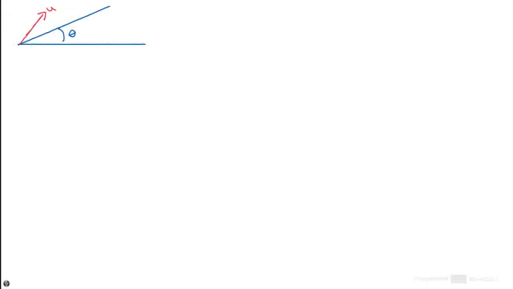So here we have a range and maximum height problem for projectile motion. We're told that we have an object that's projected at an angle alpha to the horizontal, and the plane is inclined at an angle of theta.